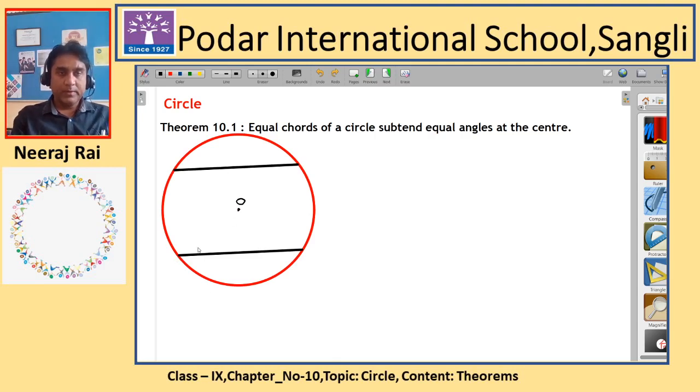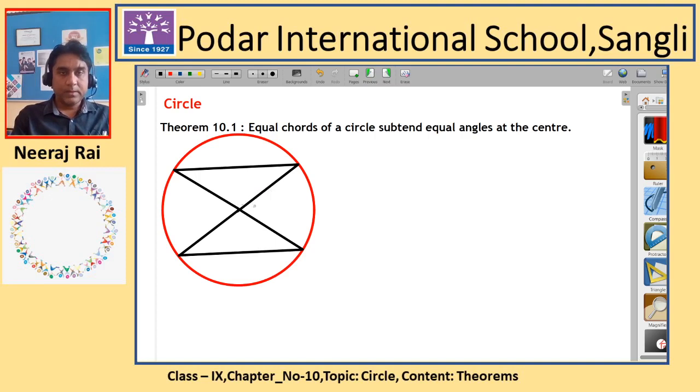So let us join these two chords to the center, one from this chord and another from the other chord. So we have two chords.